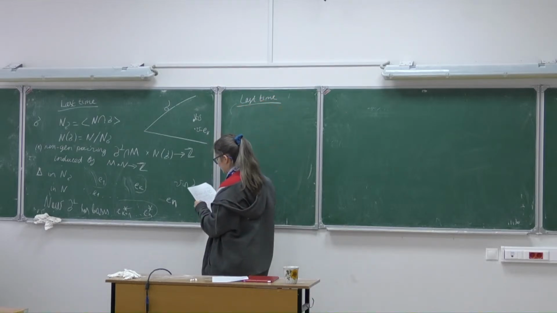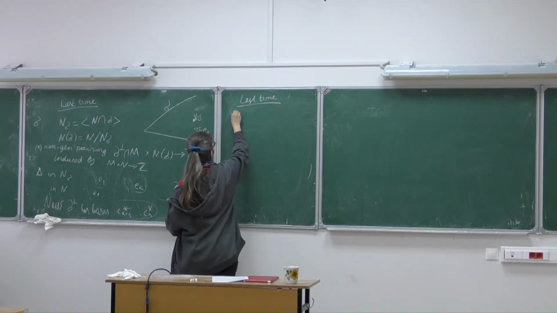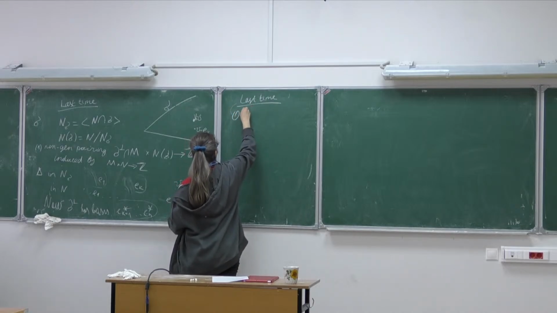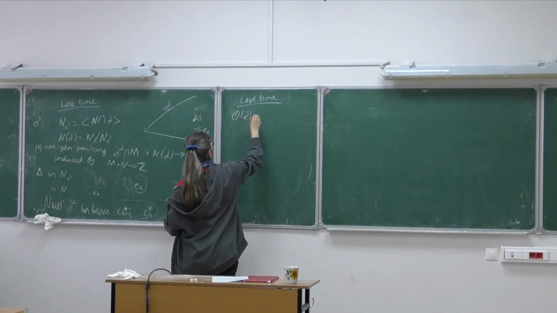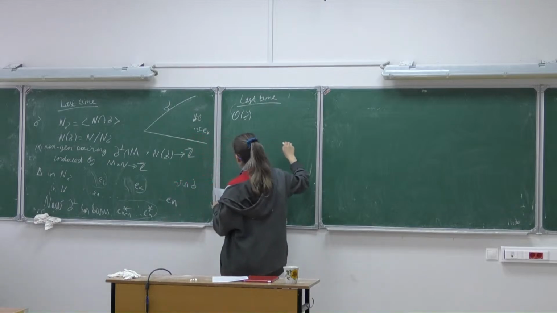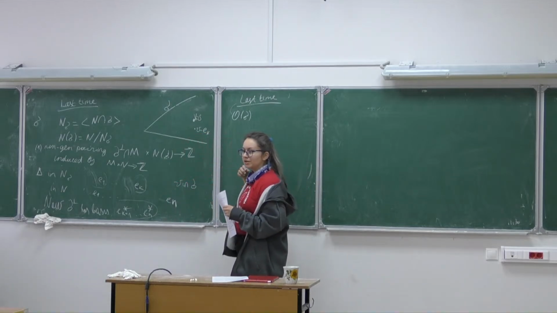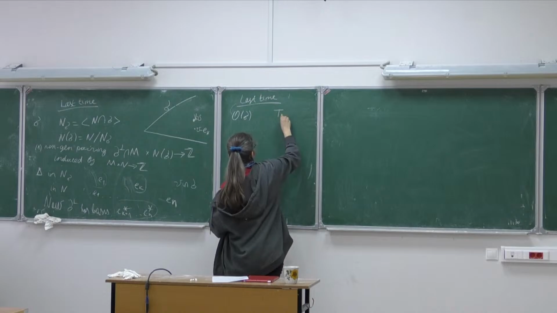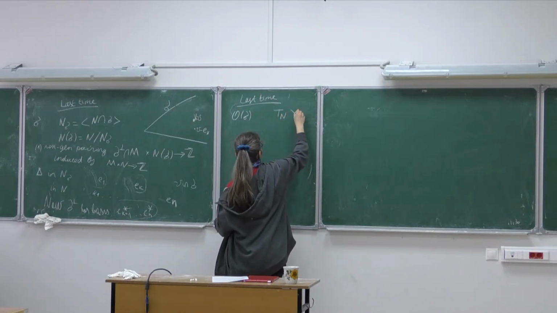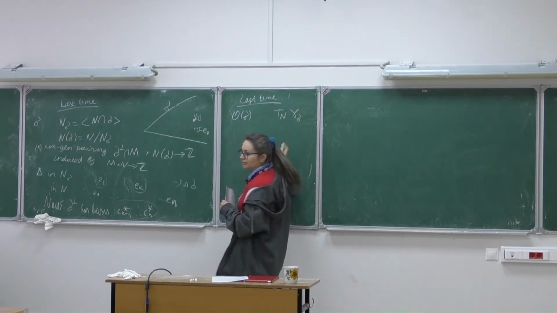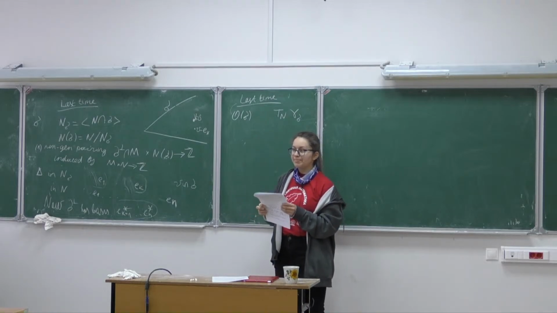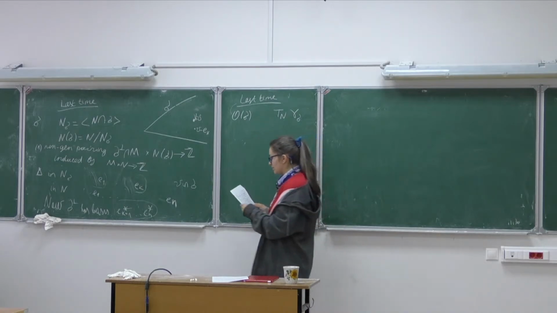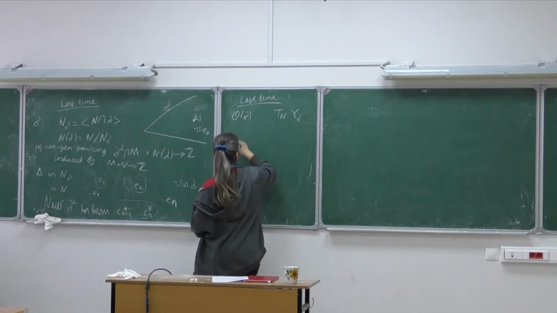So we said that we want to explain why O sigma is the torus orbit of the point gamma sigma. We wanted to prove this. What was our idea?